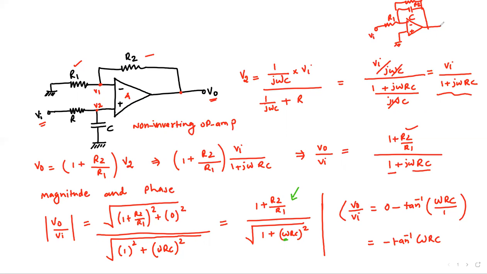Here we have the input voltage and there we have the output voltage. If we compare these two configurations, both act as a low pass filter, but the difference is in the phase shifts and the required values of the gains.